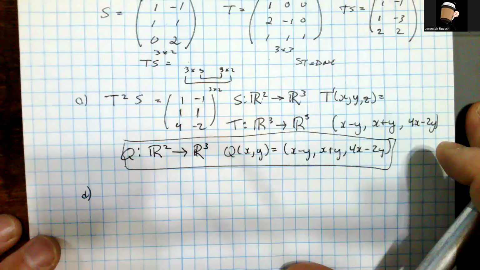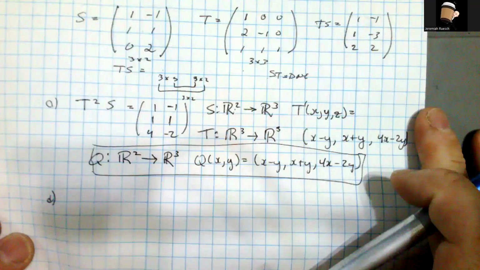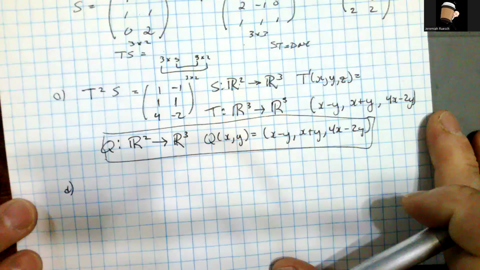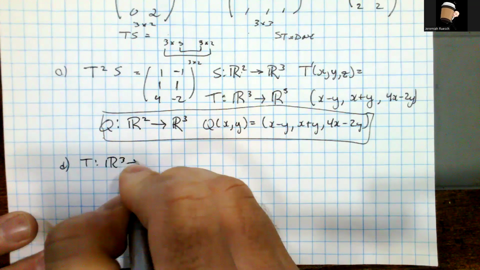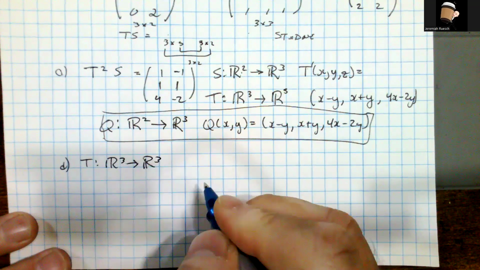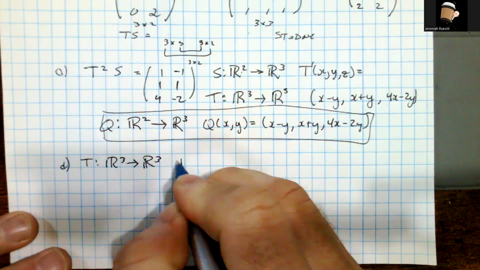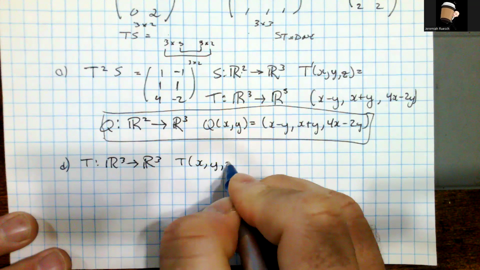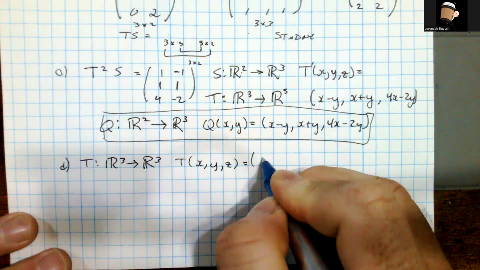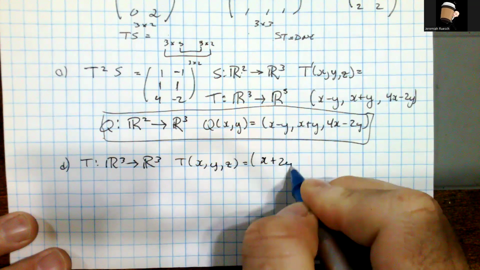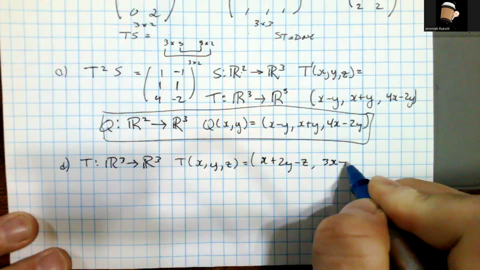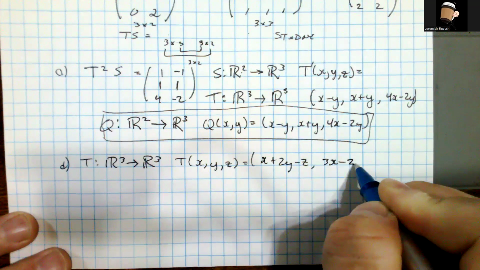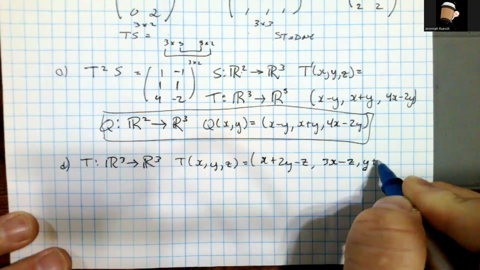Example D was asking about the transformation T from R3 to R3, given by the relationship T of x, y, and z equals x plus 2y minus z, 3x minus z, and y plus z.